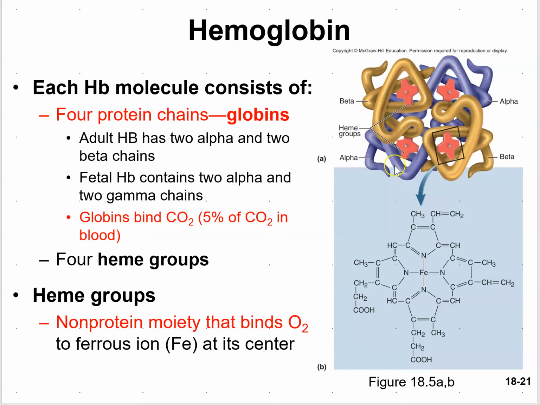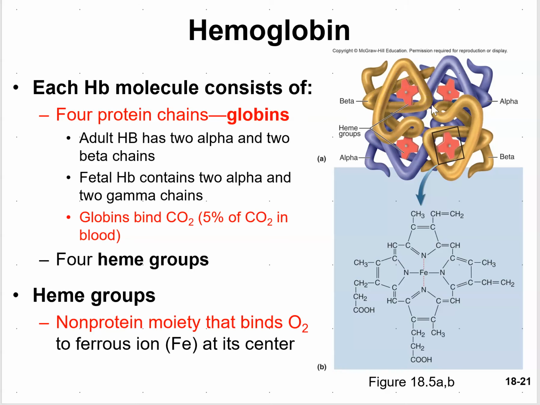At the center of each globin chain, you see a red pigment, which is the heme group. The heme group contains an ion of iron that is responsible for carrying oxygen. So every molecule of hemoglobin contains 4 globin proteins with 1 heme pigment each.